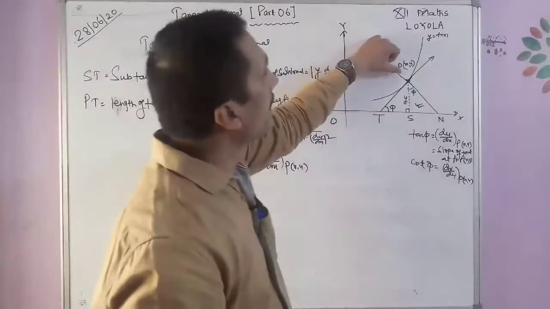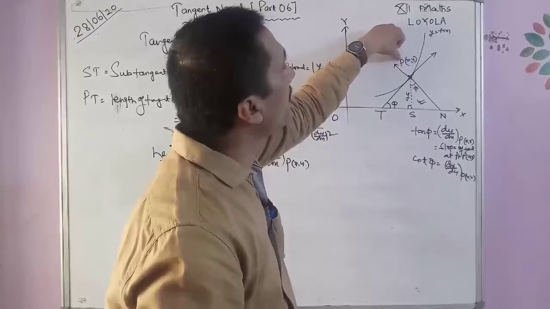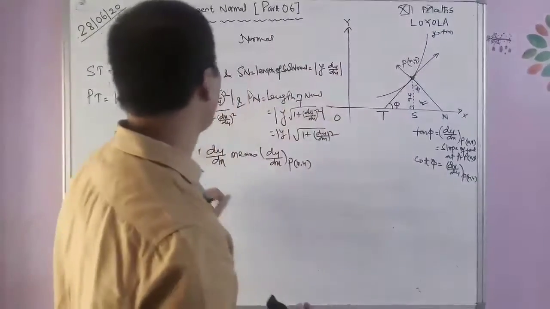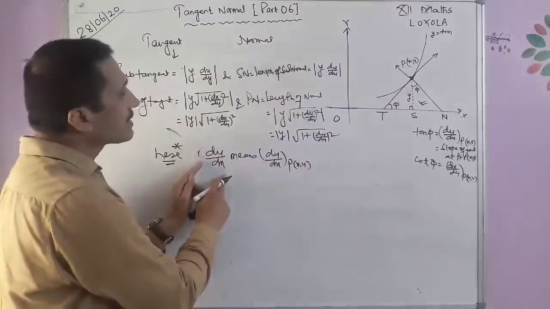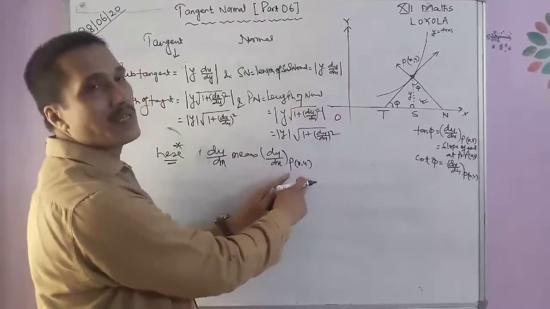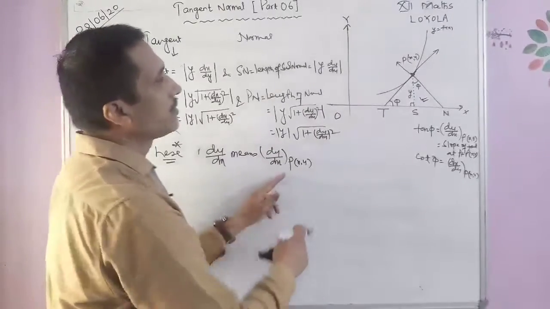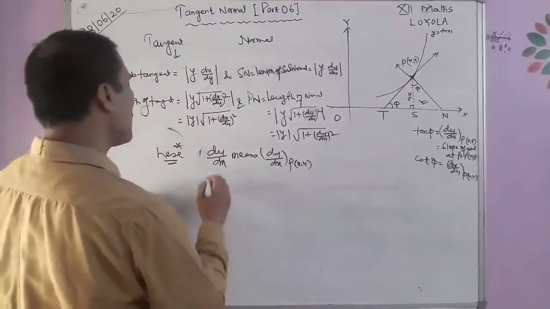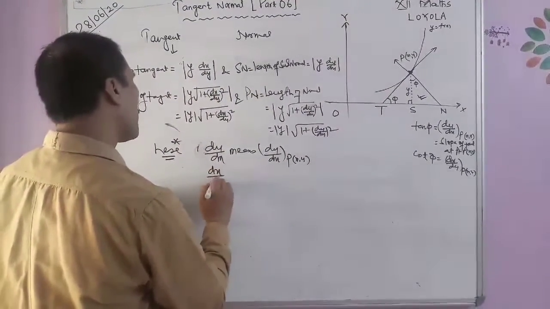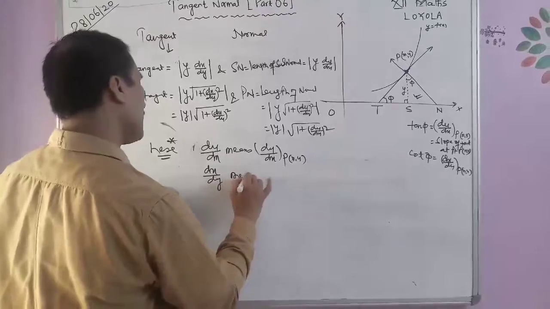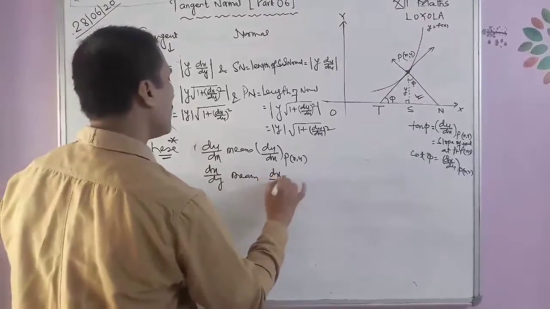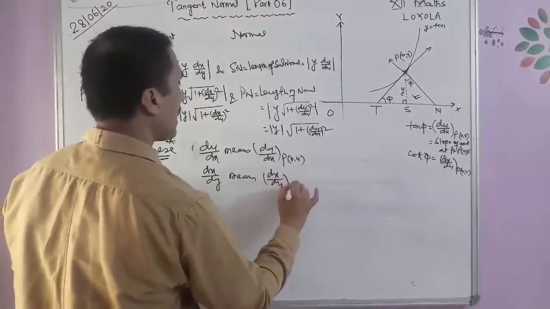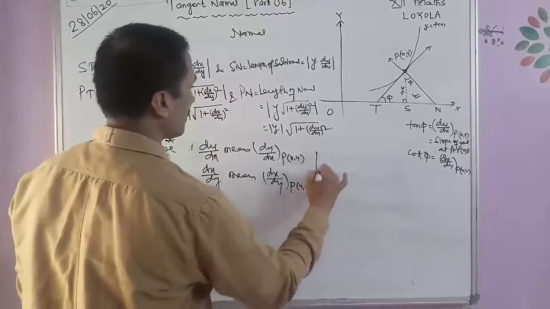If we take the coordinate of P as (x1, y1), then dy by dx means dy by dx at P(x1, y1). We take here a general point P(x, y). Similarly, dx by dy means dx by dy at point P(x, y).